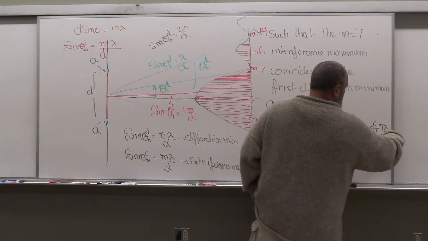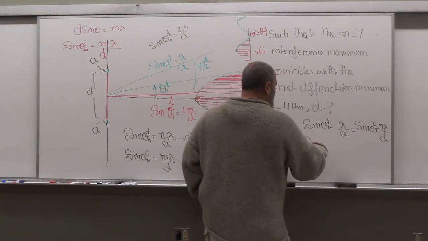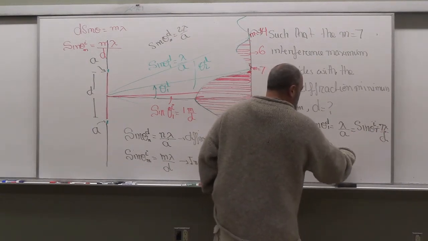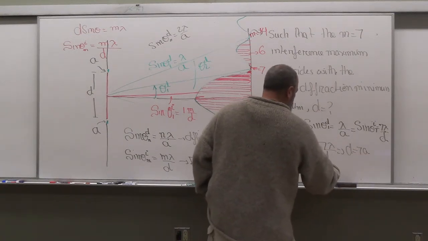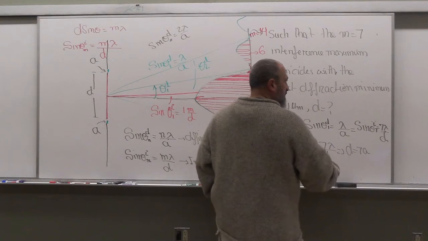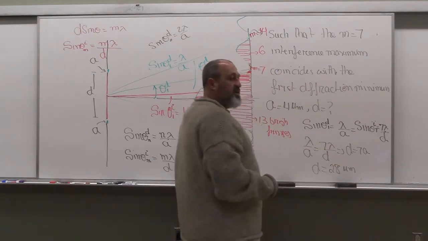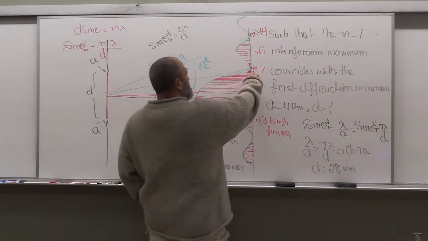So from here, guys, I get that lambda over a equals 7 lambda over d, and I get that d is equal to 7a. Therefore d is equal to, what is 7 times 4? 28 micrometers.